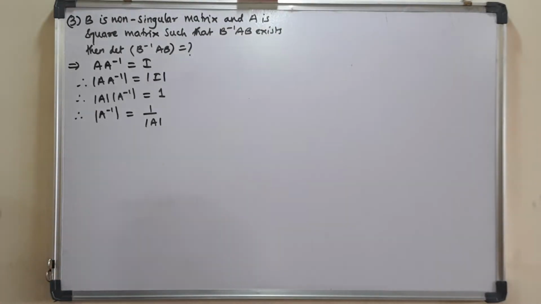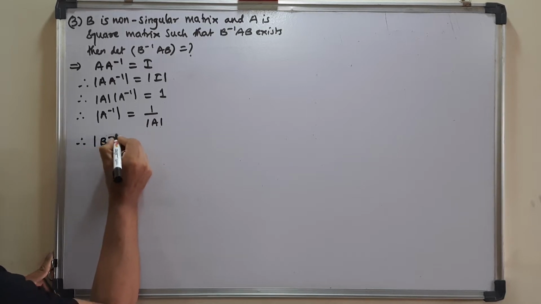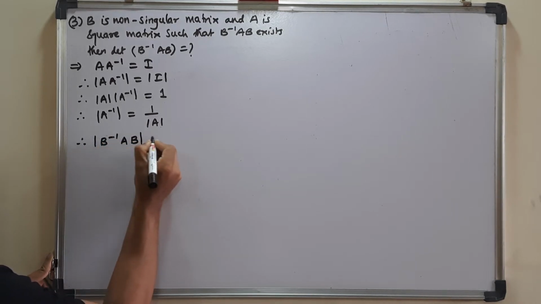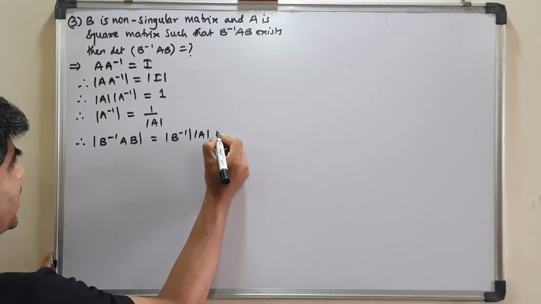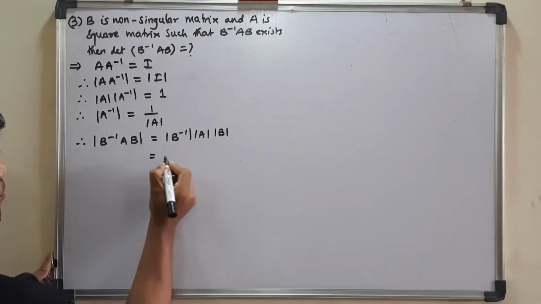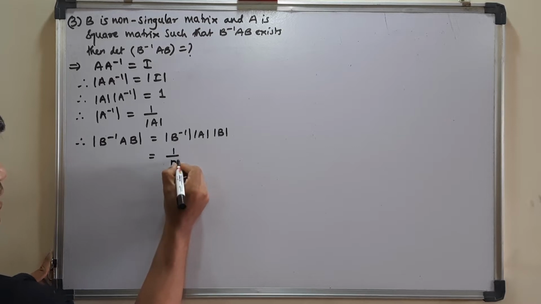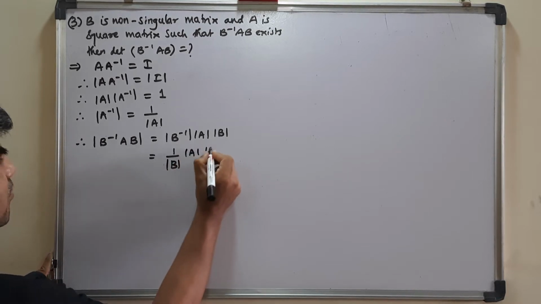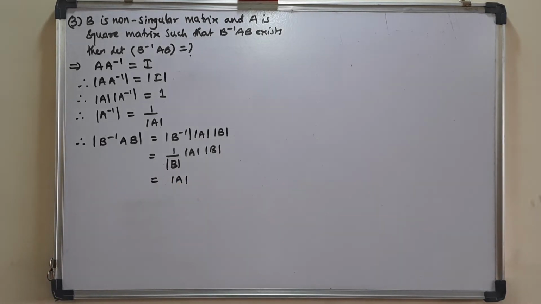So when I go to this particular part, the determinant of B inverse AB will be determinant of B inverse into determinant of A into determinant of B. Using the derivation I did just now, that is nothing but determinant of B inverse... that is 1 upon determinant of B, into determinant of A into determinant of B, which is nothing but determinant of A. So it becomes very simple if we understand what we are going to do.